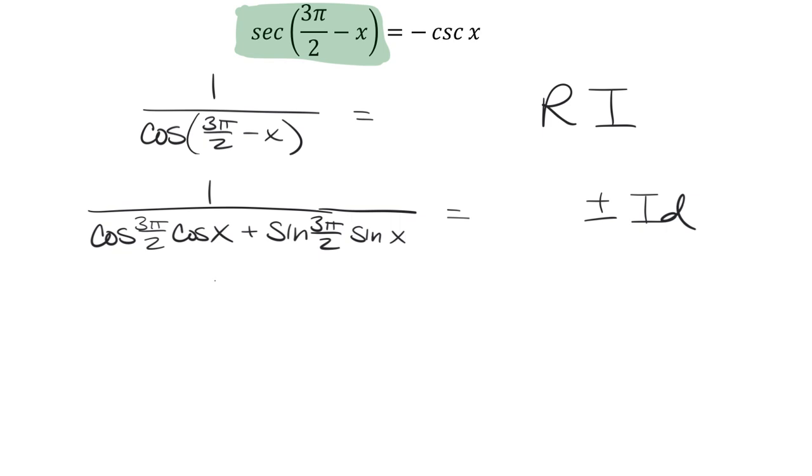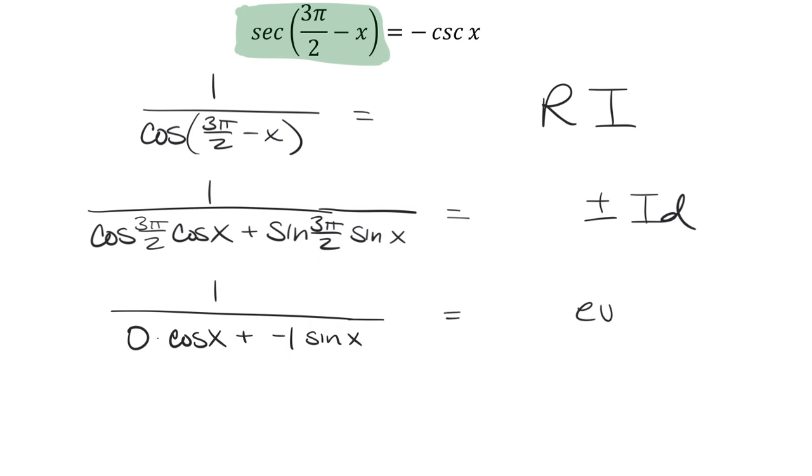It's 0. And then what is the sine of 3 pi over 2? Negative 1. This step, when you're actually looking at your unit circle, we're going to call that evaluate. Mathematically, that's what we would be calling it. We are evaluating those functions.